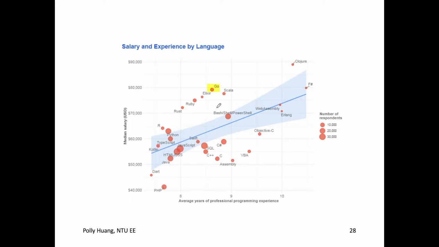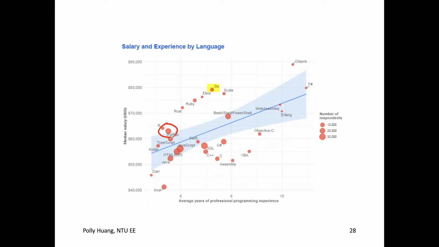Another reason that might draw your attention to learning Golang is this. This is the years of experience of a programmer, and this is how much they are earning each year in US dollars. If you are a C++ programmer with 8.5 years of experience, you earn about 55,000 US dollars annually.